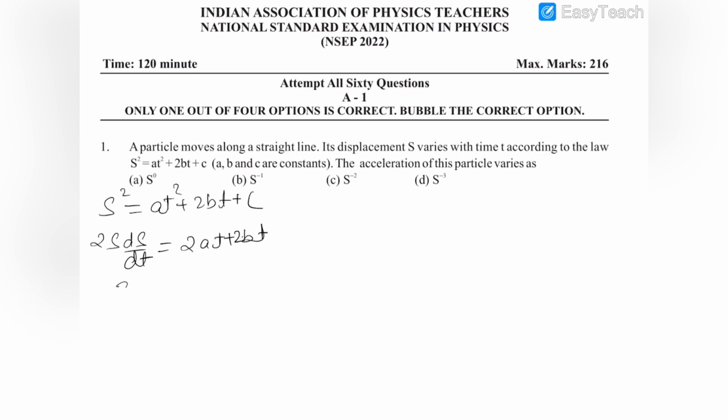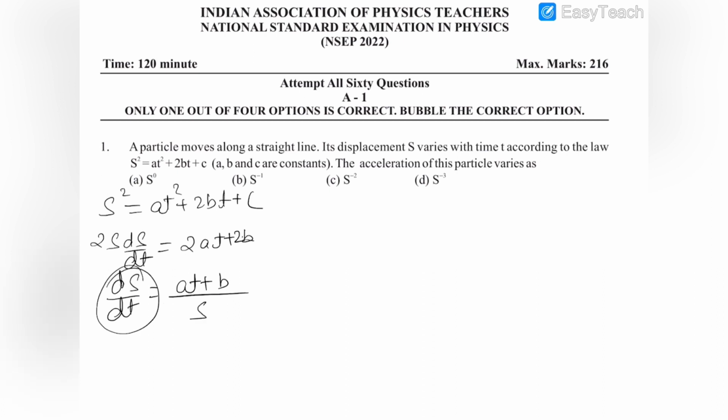So ds by dt is velocity, ds by dt is equal to AT plus B divided by S.